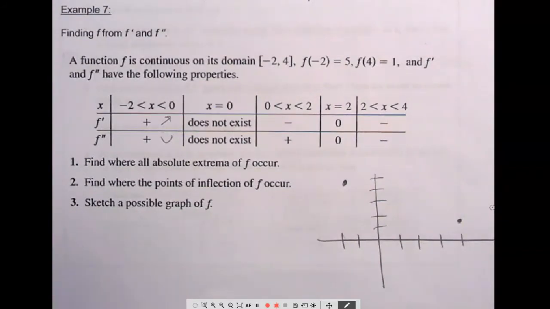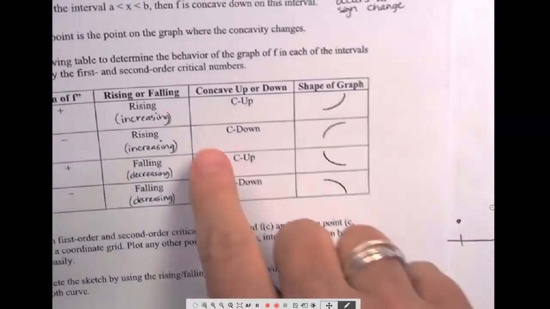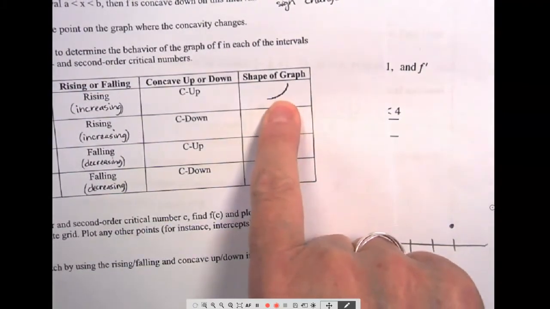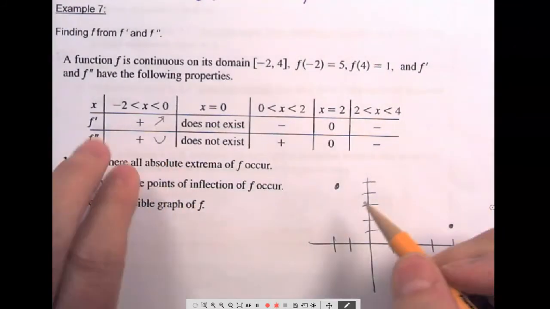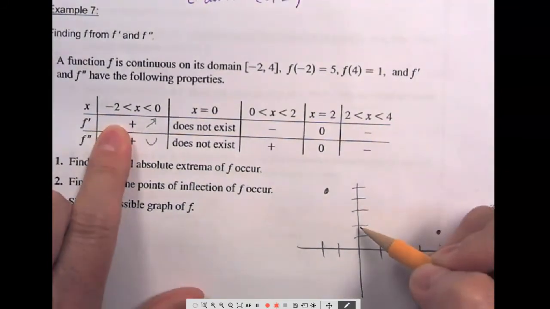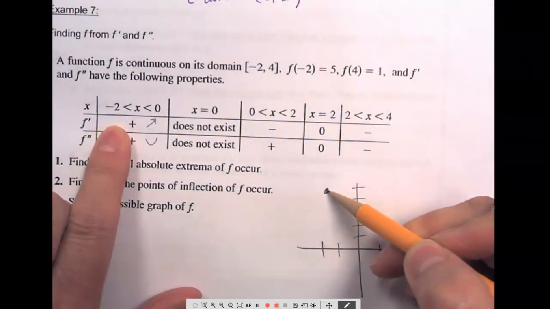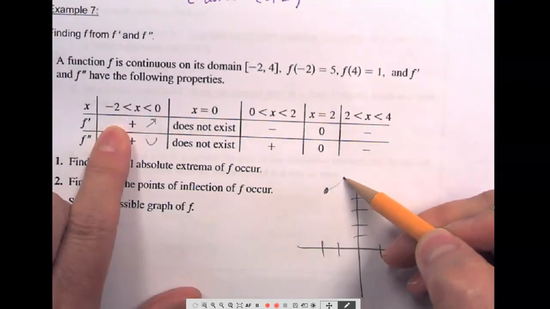If you are increasing and concave up, what does it look like? It's a curve coming like this. Increasing concave up looks like that. It's the right side of the parabola, a normal parabola. That's a good way of thinking about it. Between -2 and 0, we're going up.